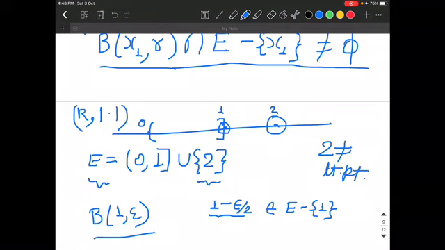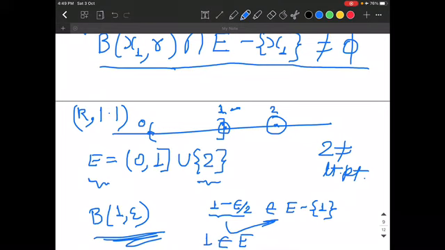So for every such ball, this point always belongs to set E. So 1 is a limit point. Note that this limit point belongs to E as well.